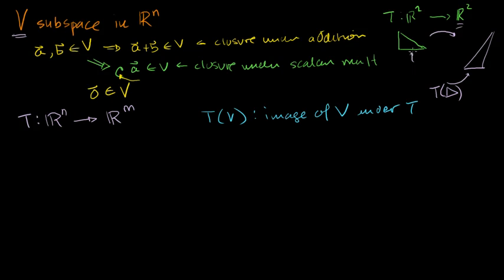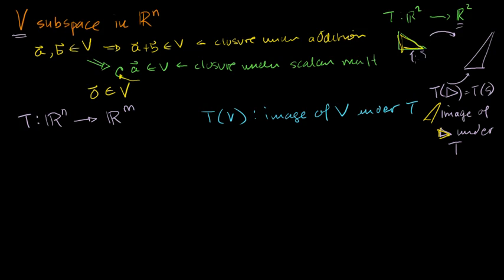Or if we call this S, it's equal to the transformation of S. Or you could say it's the image of this triangle under T. Or maybe even a neater way of thinking about it is this skewed, rotated triangle is the image of this right triangle under T. And I think that might make a little bit of visual sense to you.